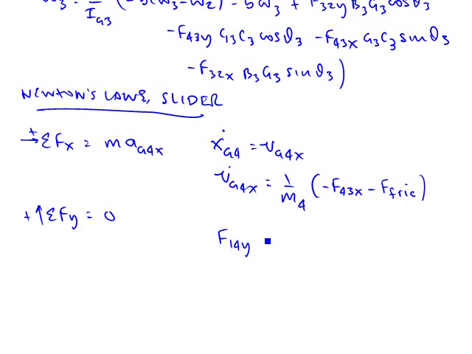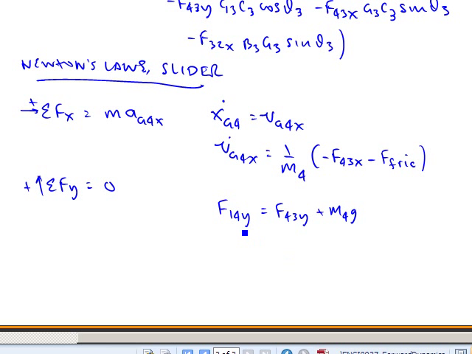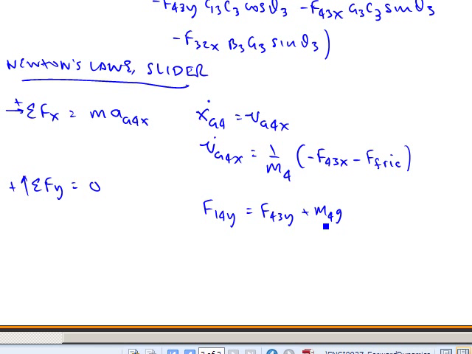F14y up is going to equal F43y down plus M4G. Now can we write this equation in the code? Yes. We've already discussed how to write F43y in terms of the state variables. And M4G, that's known. So F14y we can define with this algebraic equation.